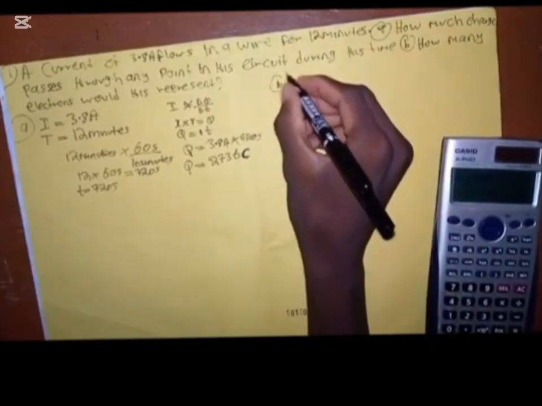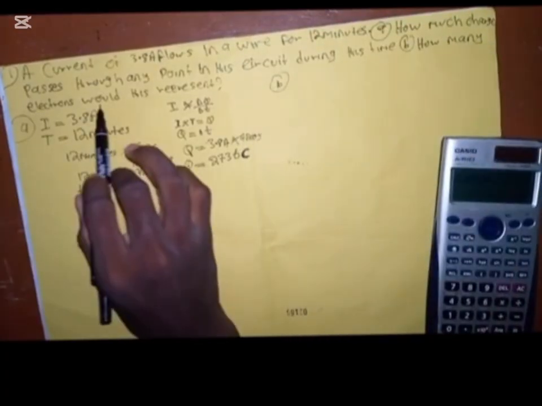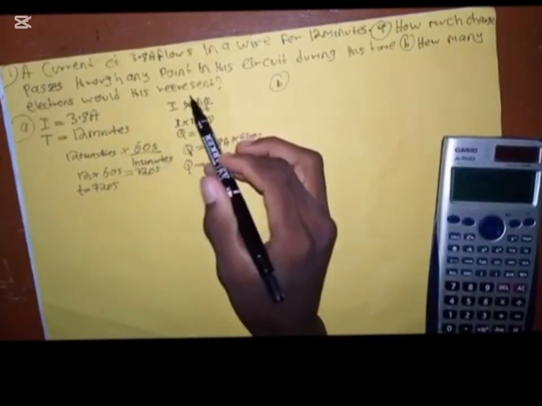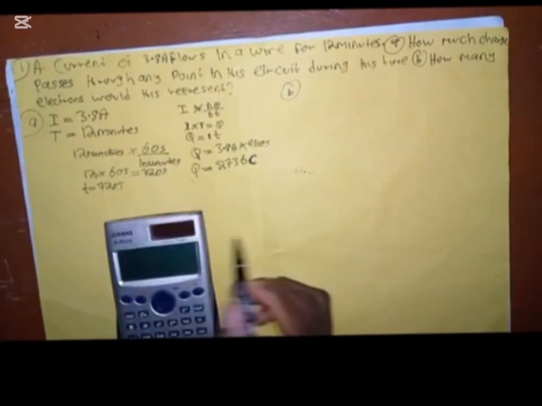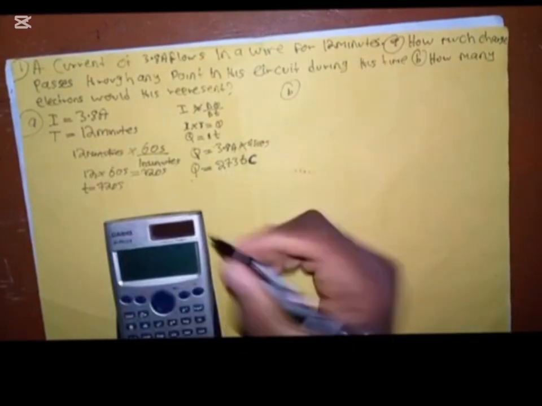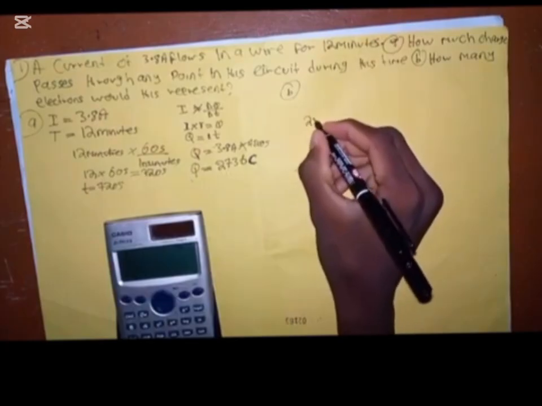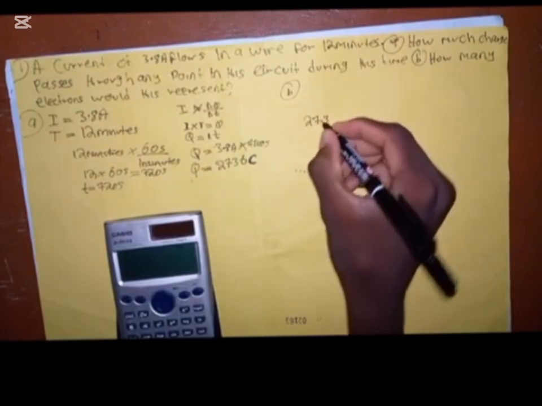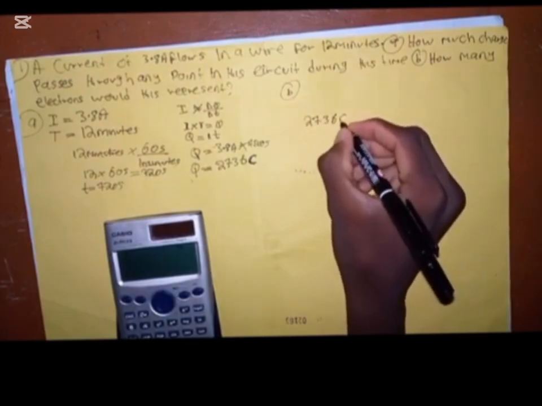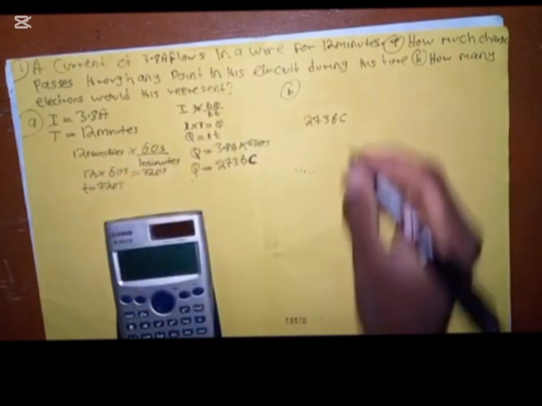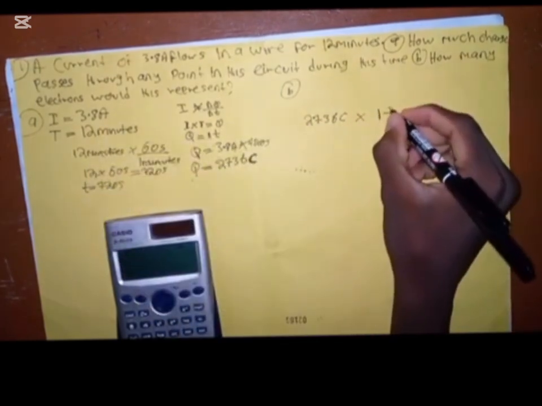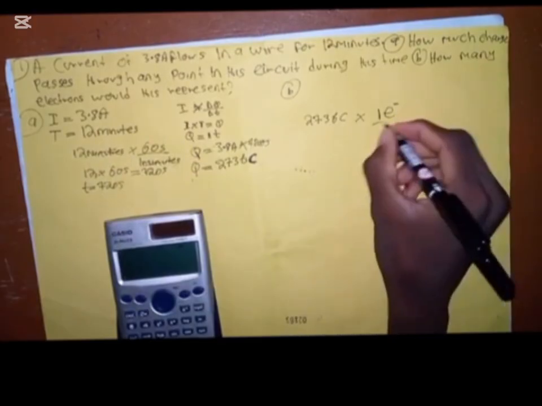Part b: how many electrons will this represent? If we look at our first question, our answer is in coulombs, which is 2736 coulombs. The question is about electrons, so we divide by the charge of an electron.